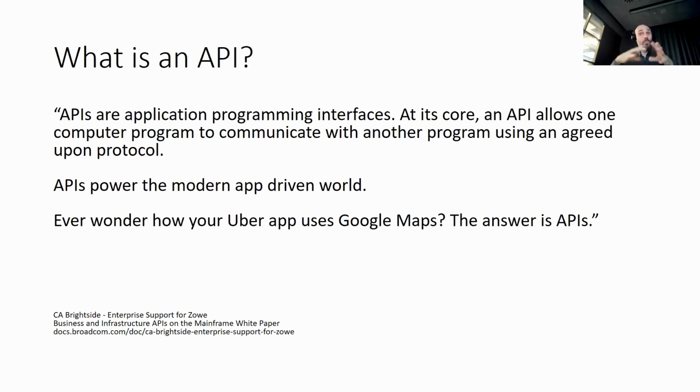This is still two programs communicating, but they're communicating over the network or the internet. So the two programs don't need to be adjacent on the same machine, or even written in the same language. Now, within web APIs, there are a few standard protocols such as REST or SOAP. Ultimately, the calls are made with HTTP requests. My focus today will be on REST APIs available on the mainframe.